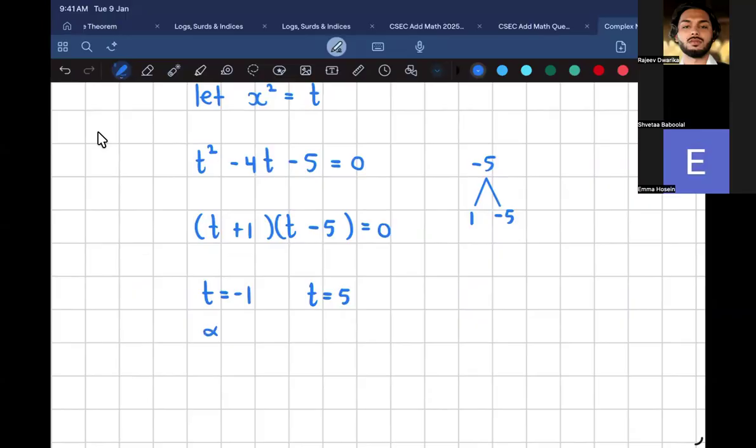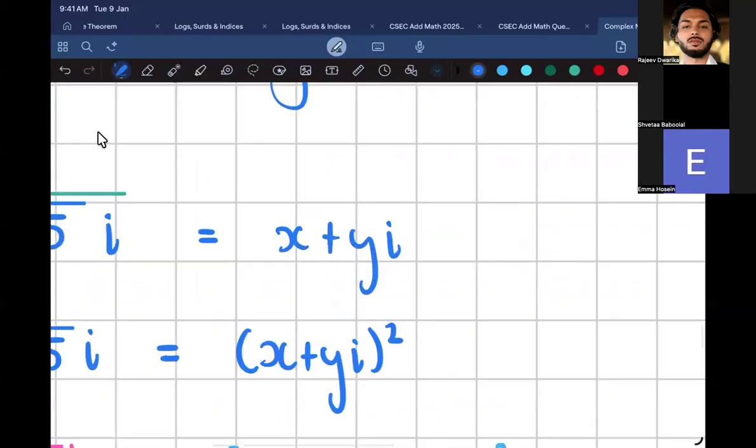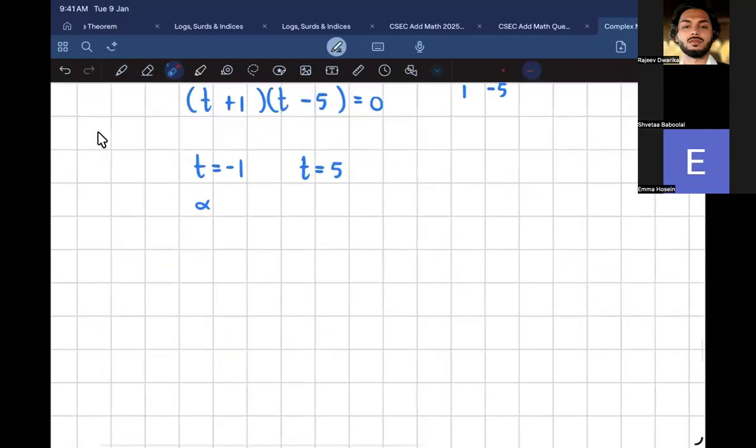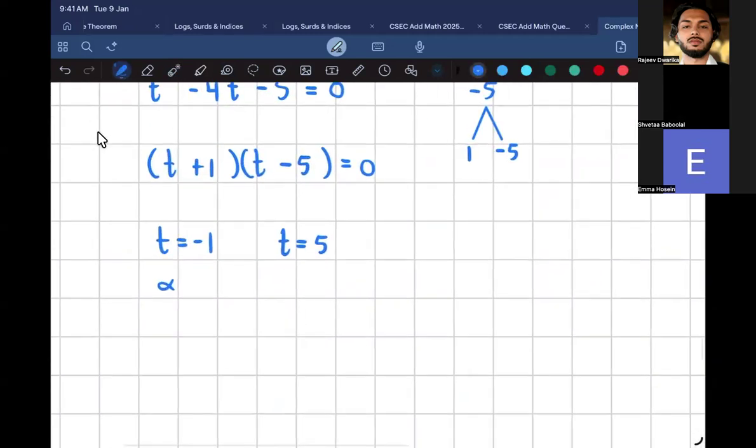Remember, if we look at the original form, x has to be real. x can't be imaginary, like your other half. Sorry, I don't mean that. Right? So remember we said x squared was equal to t.